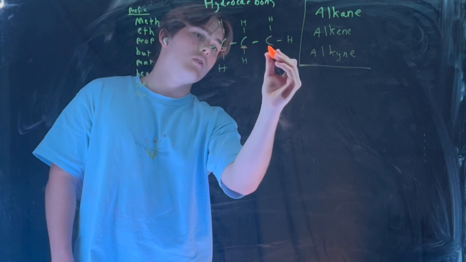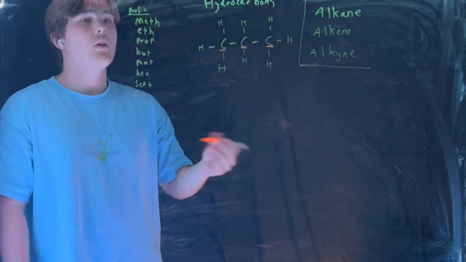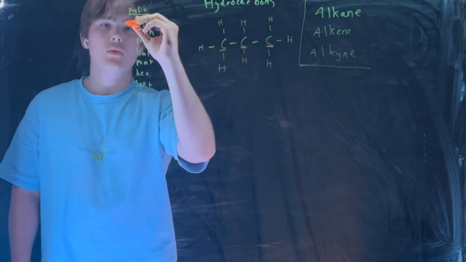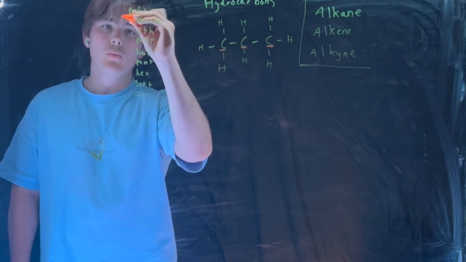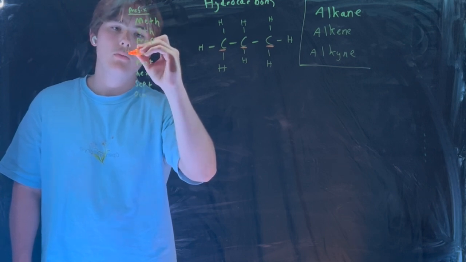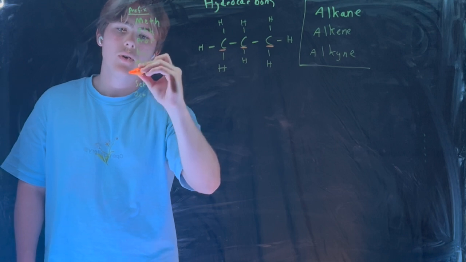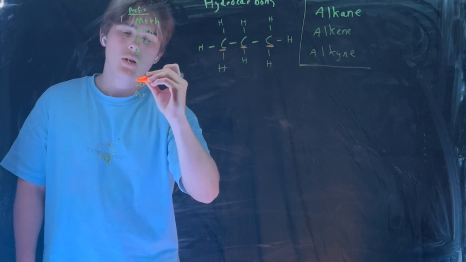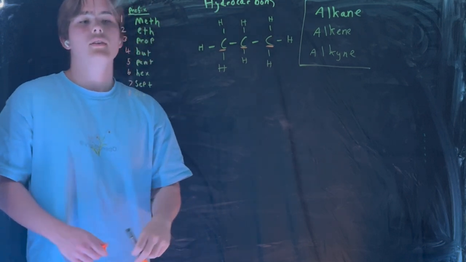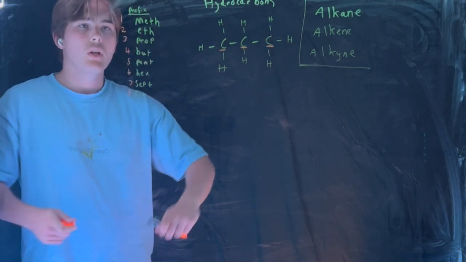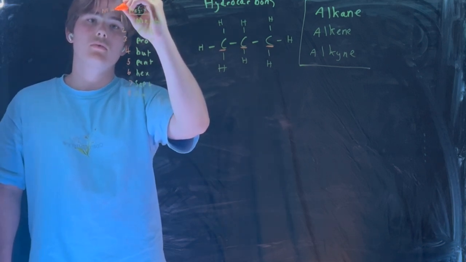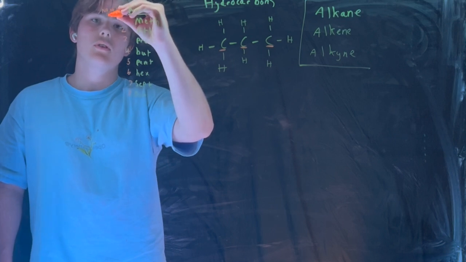What I forgot to put here was: meth is 1 carbon, eth is 2, prop 3, but 4, pent 5, hex 6, hept 7, and oct 8. That represents the number of carbons in the chain.